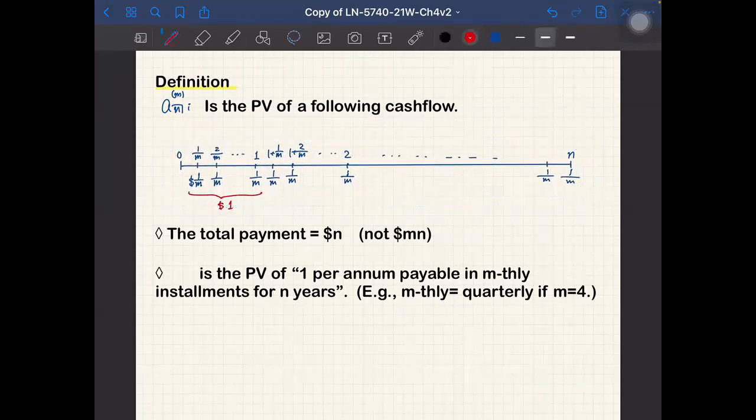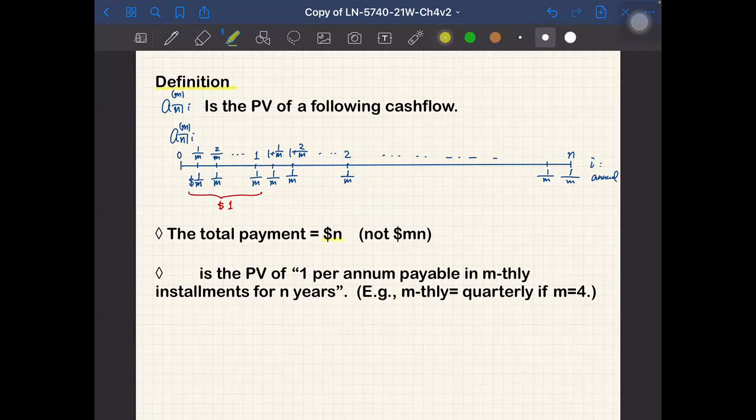Here i is the annual effective interest rate. And this is the definition of a angle n superscript m.